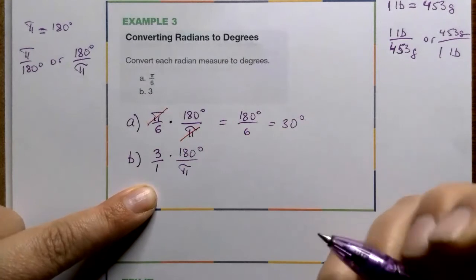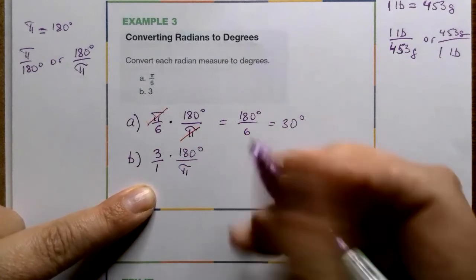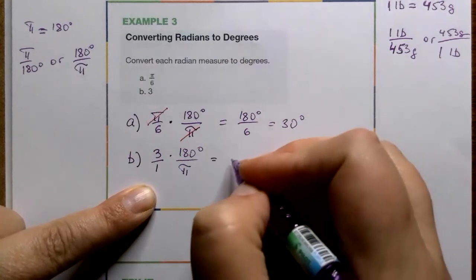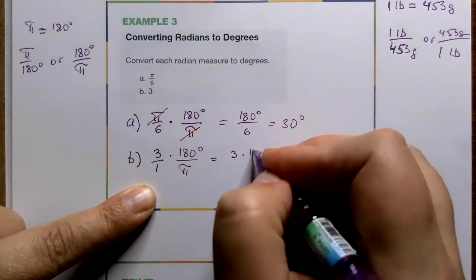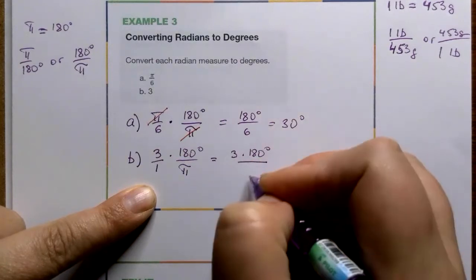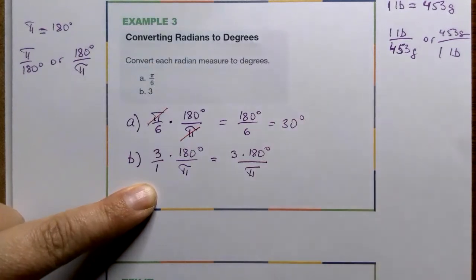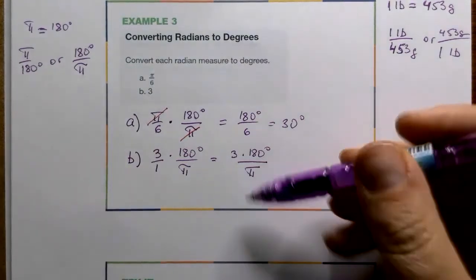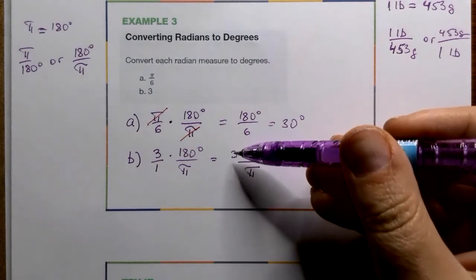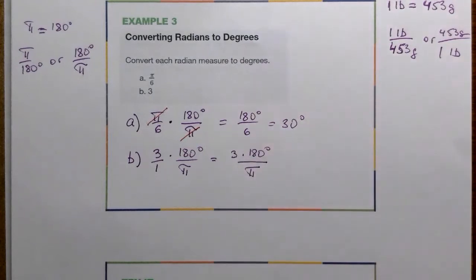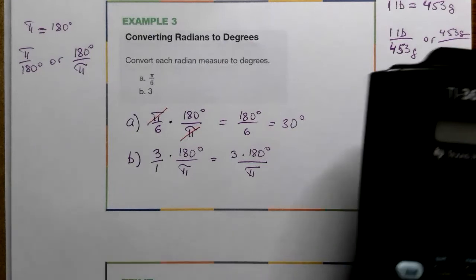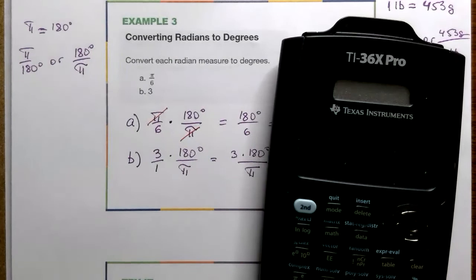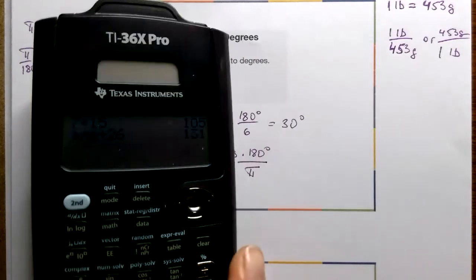So we're going to write it as 3 over 1. And what do we have? We have 3 times 180 divided by pi. Radians are unitless, because it's the length of the arc divided by the length of the radius. So it's unitless.